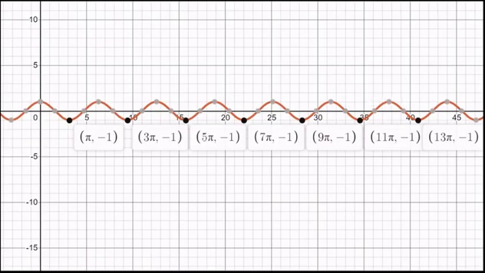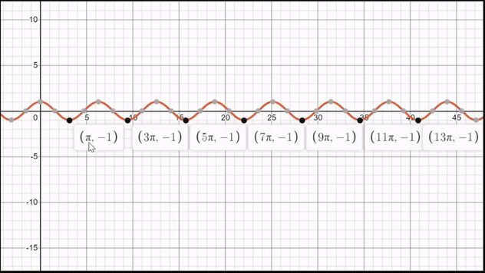So from here, look at these values. When is cos negative? Cos is negative when its angle is a multiple of pi.